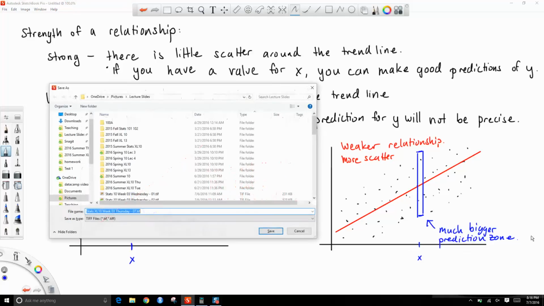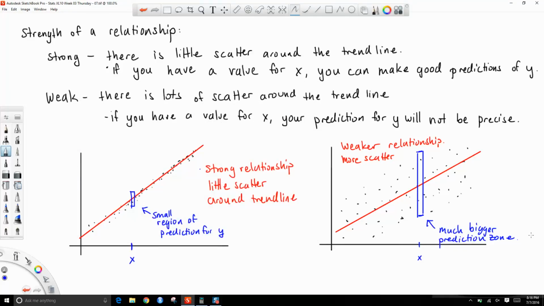So does this make sense for how to describe whether a relationship is strong or weak? Okay.